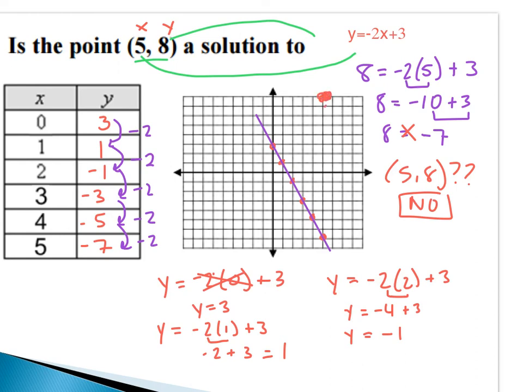But this is the point 5, 8. What do you notice? Why is it not a solution? Well, it's not a solution because it doesn't fall on the line. So in order for a point to be a solution, one either makes the equation true or the point needs to fall on the line. If it doesn't, it's not a solution.